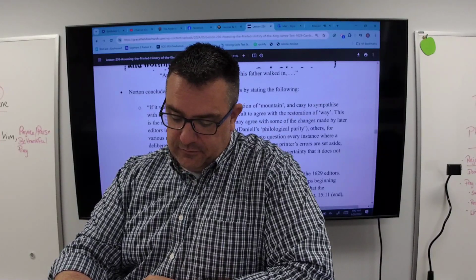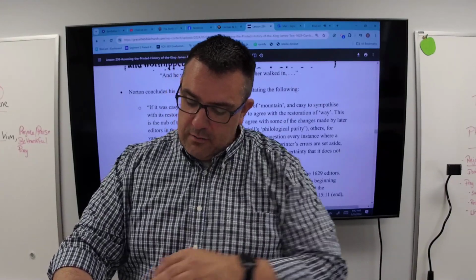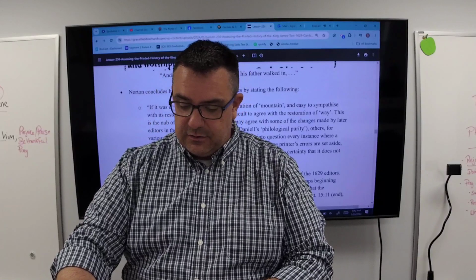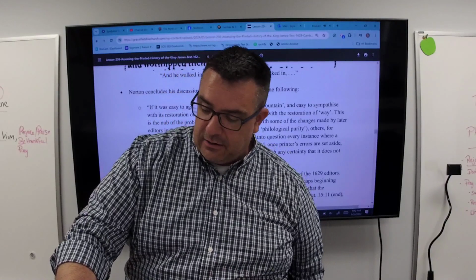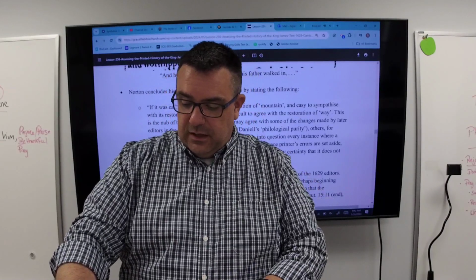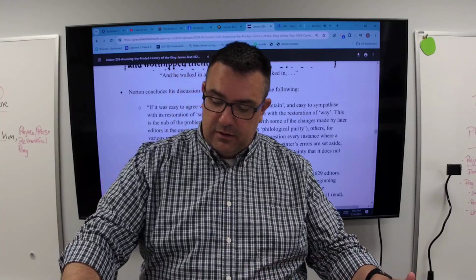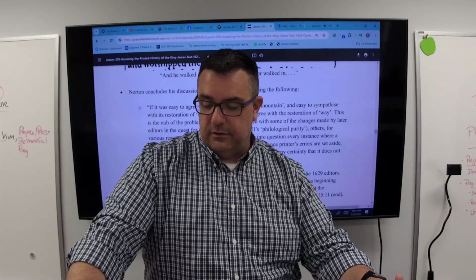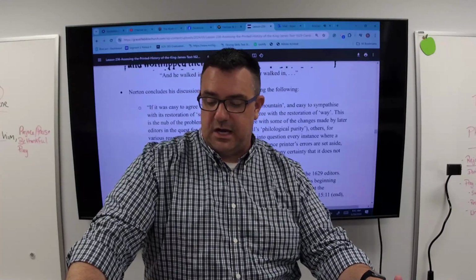This is the nub of the problem. Though one may agree with some of the changes made by later editors in the quest for greater accuracy, skipping the parentheses, others, for various reasons, are more dubious, and this calls into question every instance where a deliberate decision of the translators is rejected.